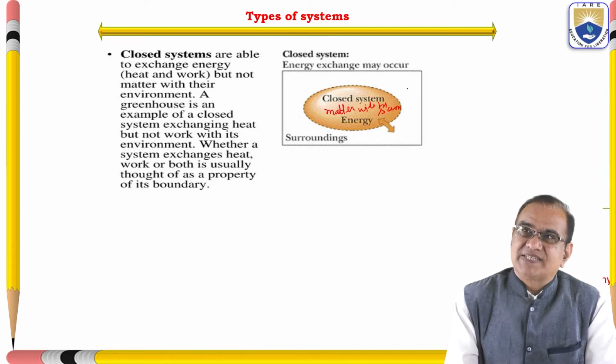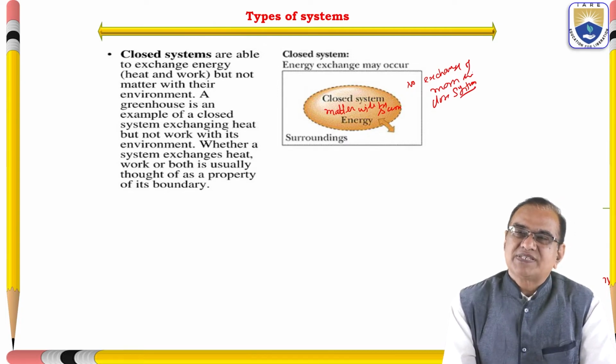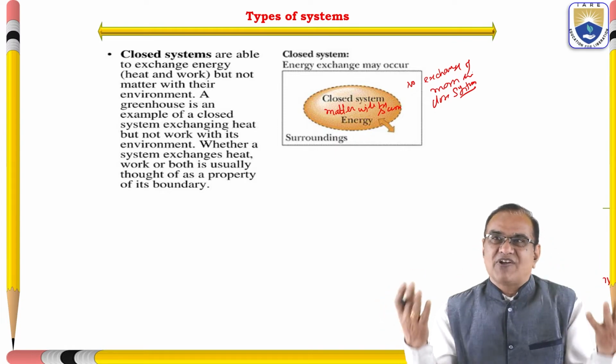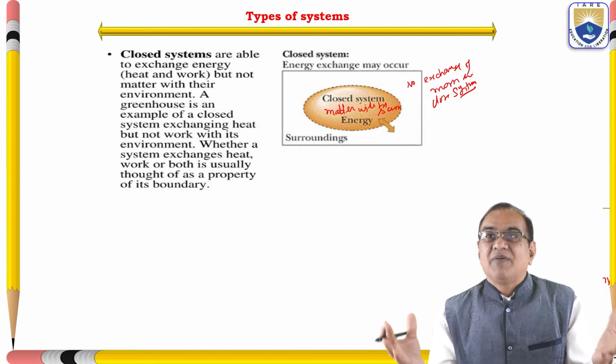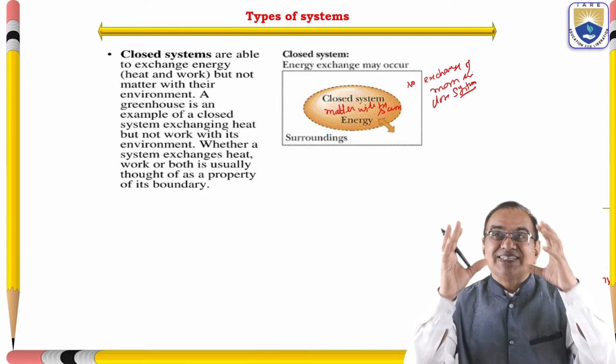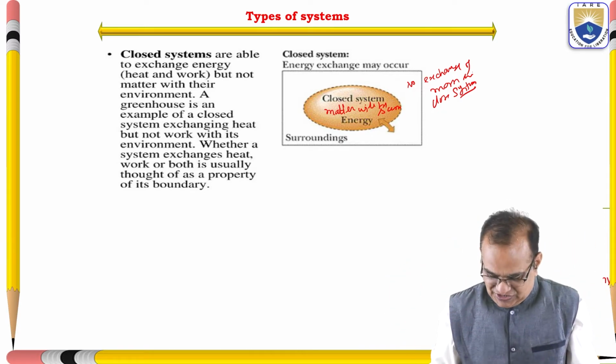No exchange of mass in a closed system. Mostly we will be discussing the closed system in our next topics. So in a closed system, energy can go, work can be transferred, heat can be transferred, but the matter, the mass contained inside the system, will remain the same. That will not change.